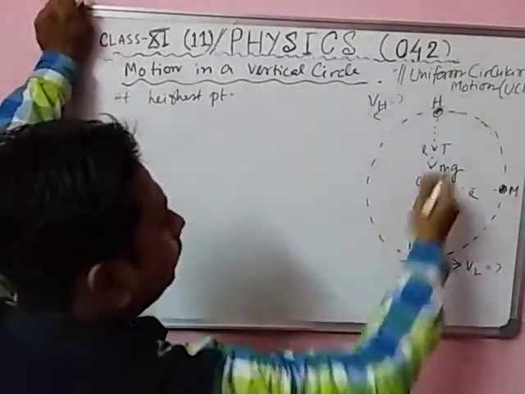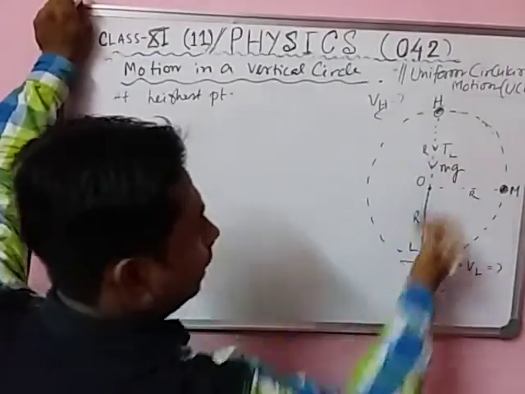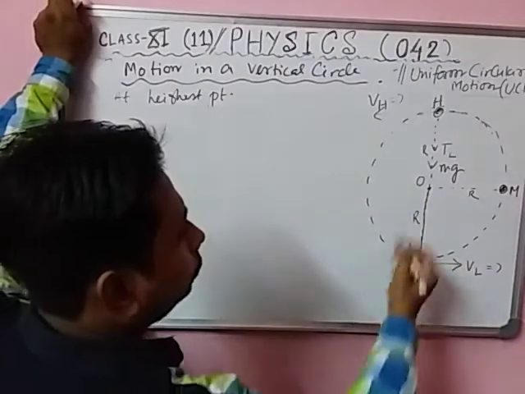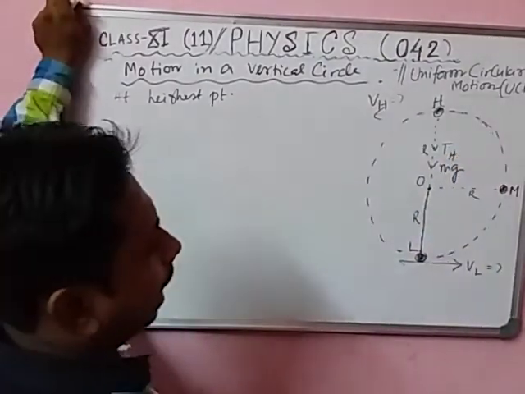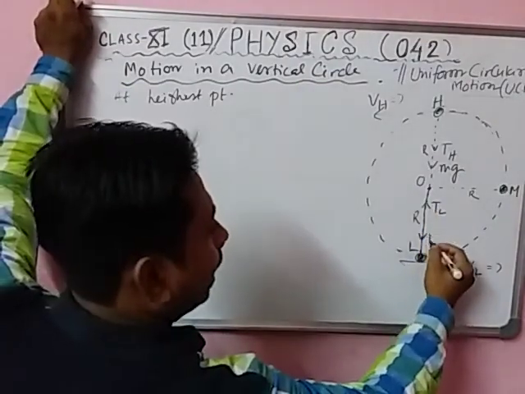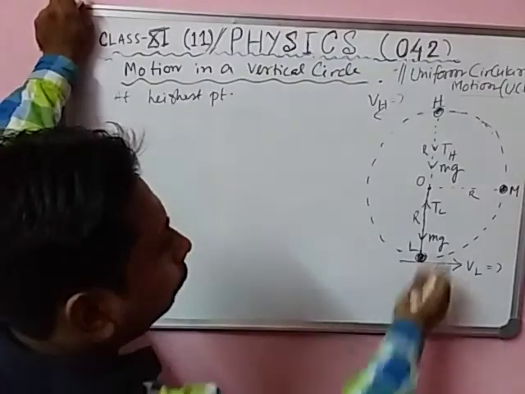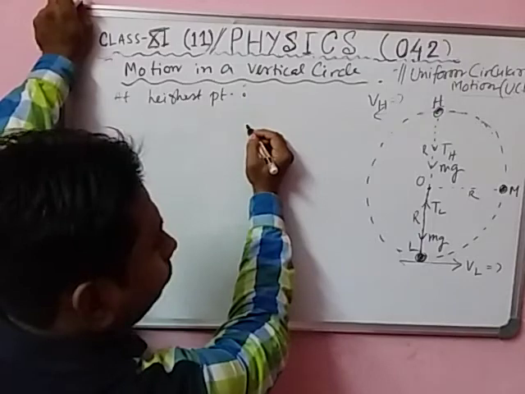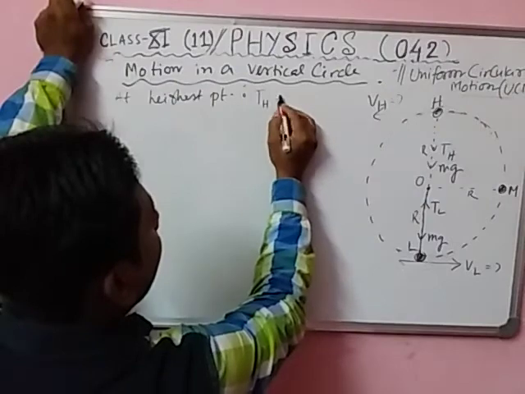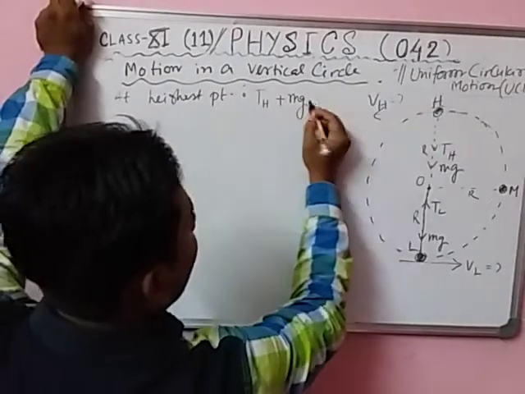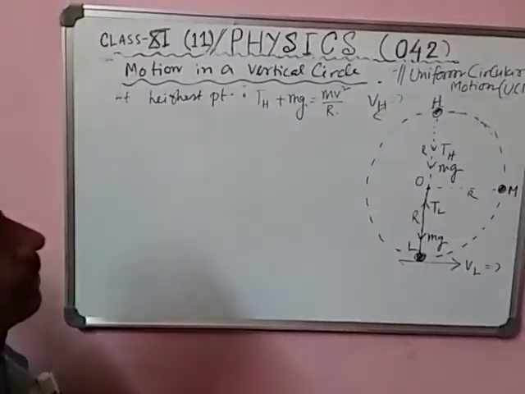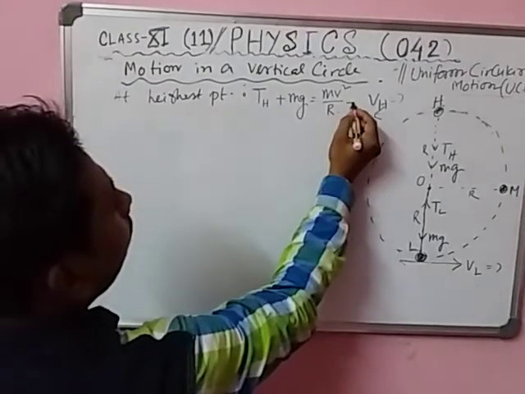So we write TH for the highest point tension and TL for the lower point tension. mg always acts downward, am I right? So for the highest point you can write TH plus mg, which provides mv square by r, where R is the radius. Understood? This is equation number 1.